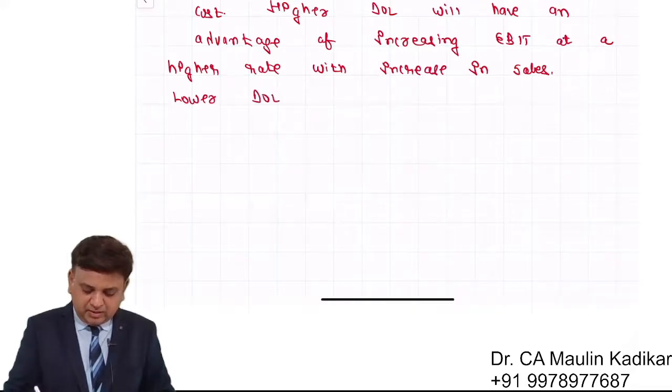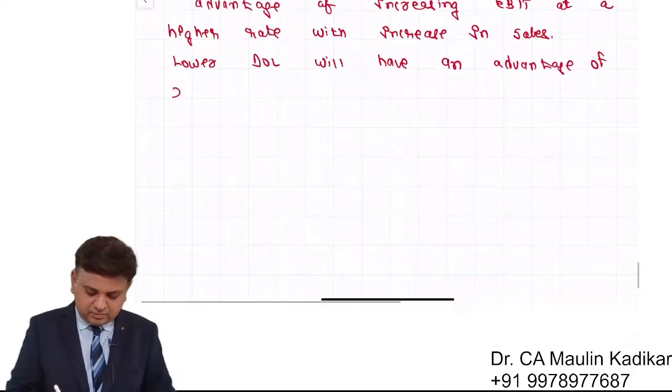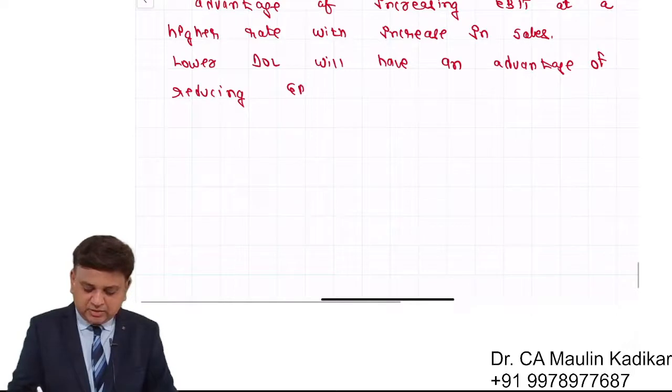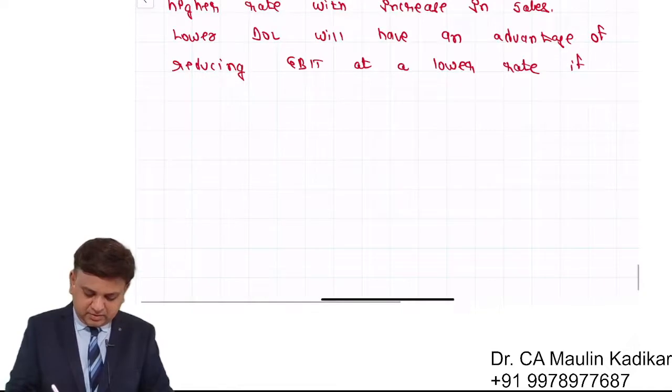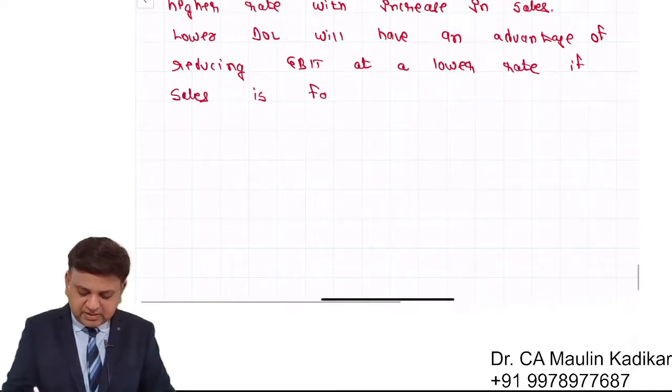Lower DOL will have an advantage of reducing EBIT at a lower rate if sales is falling down.